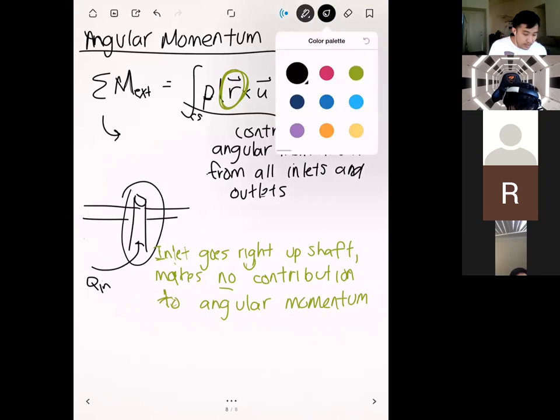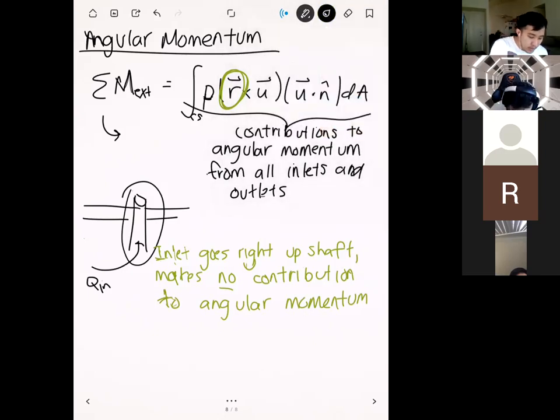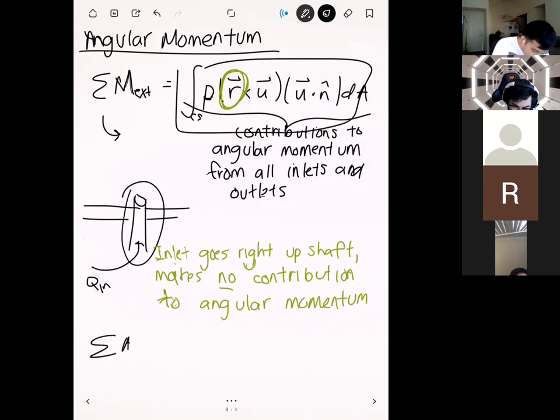If we evaluate this integral for the outlets, we get the sum of the moments equal to rho, our outlet area A nozzle, then our cross product, and then our carrying velocity.